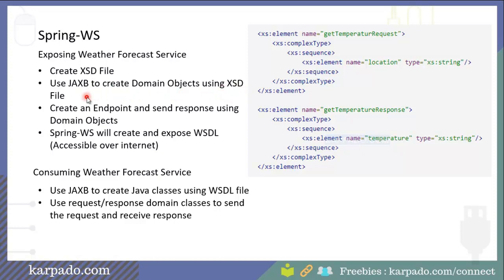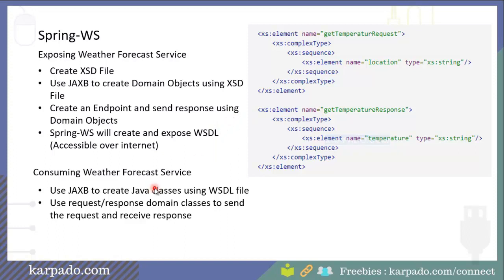And then we'll create an endpoint, which is essentially a place where you would receive the request and process it, kind of like a controller, and it would respond back with some return value. And inside here we would use all those domain objects. And then finally, Spring WS will create a so-called WSDL file, that I talked about, using this XSD file, and would make it available over the internet.